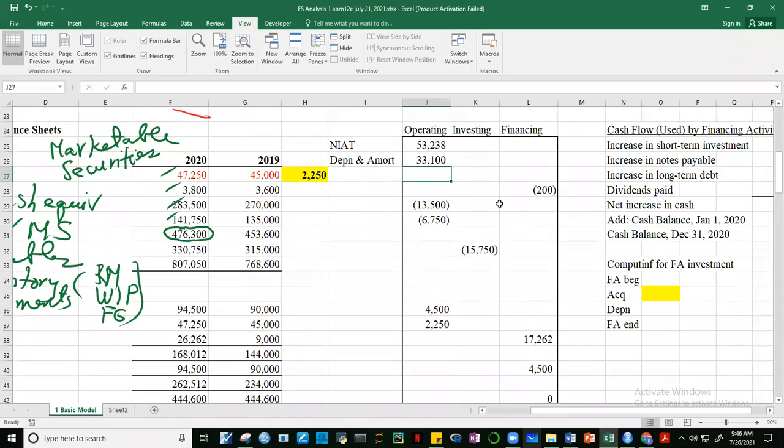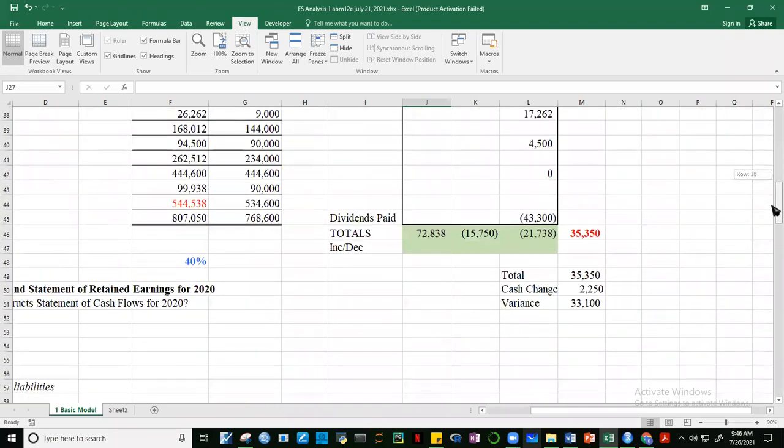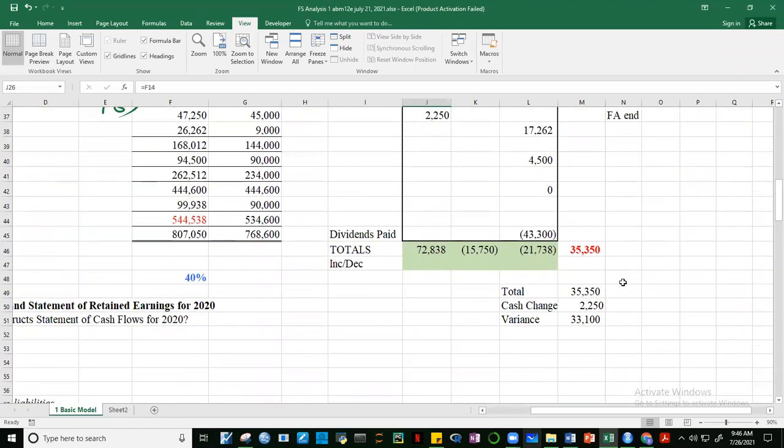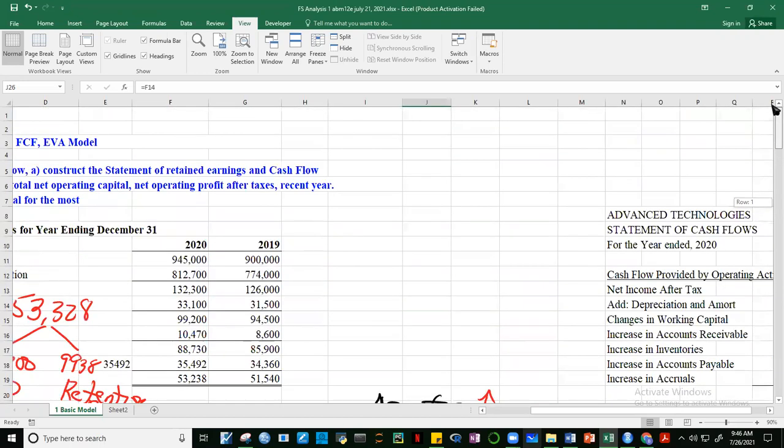Kung nung ginawa natin negative yan, hindi rin eh. Okay. What do you think should we do with this? Paano masi-zero out to, guys? Gusto natin maging zero tong variance, no? So anong gagawin natin? Any suggestion?